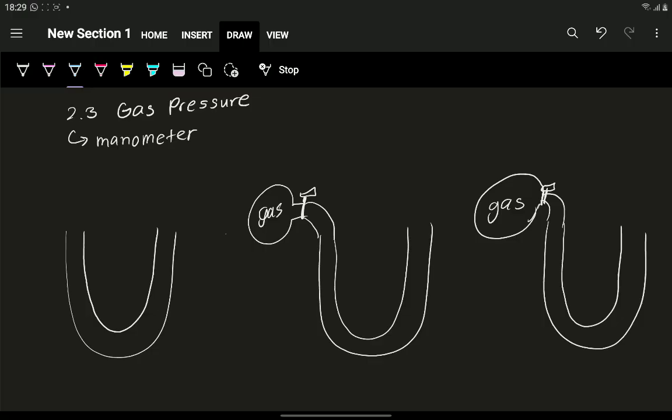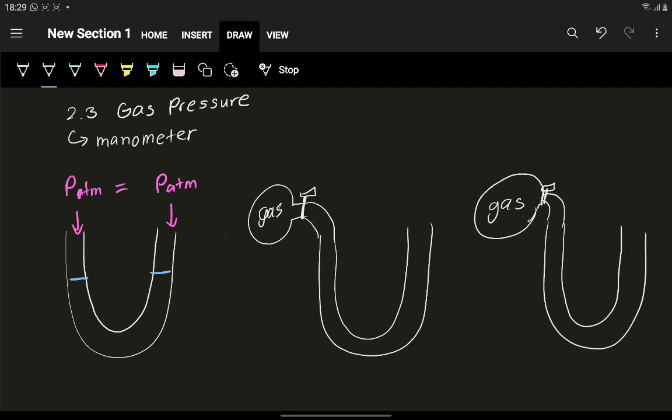Okay, so this one is before it's connected to a gas supply. So I have liquid in here, and the pressure that is experienced by it is the atmospheric pressure. So it's equal. Since it's equal, it is at the same level. Same pressure means same level.